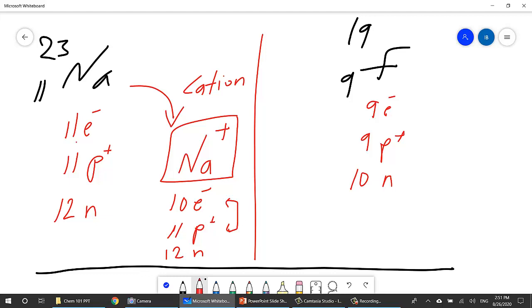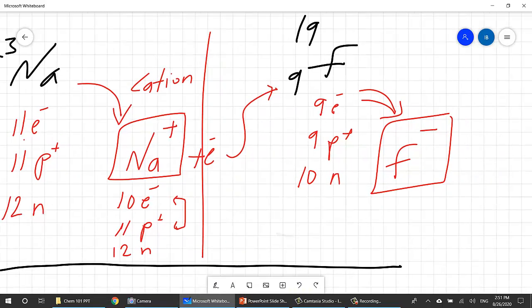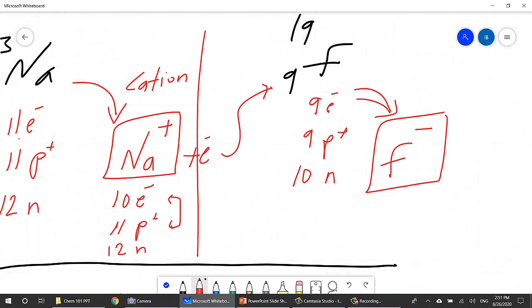That electron that has been given away by the sodium can go to fluorine, and that would be forming F minus, that's called fluoride ion, okay, fluoride ion. The general name for a negative ion is called anion. So anion could be not only fluoride ion, any negative ion is called anion.